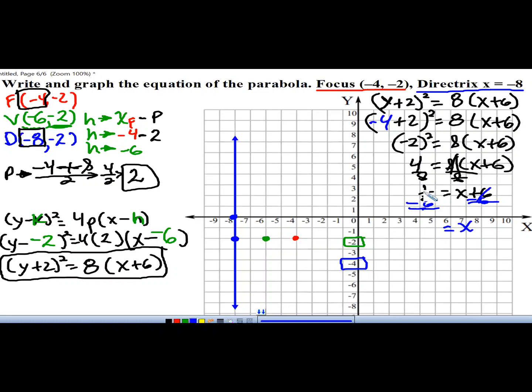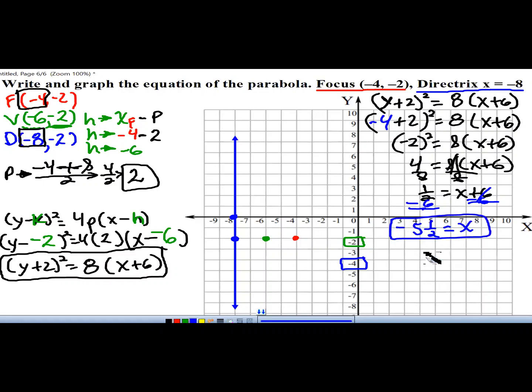-6 plus 1/2 is 5.5. Very close. Negative. -5.5, yes.